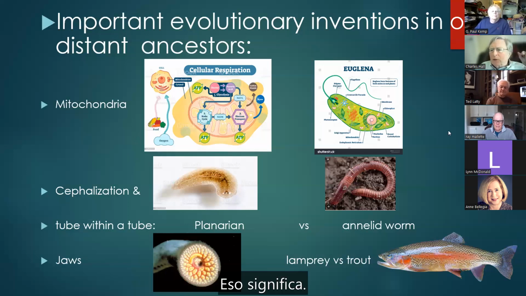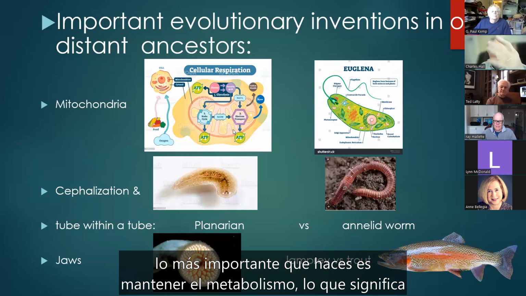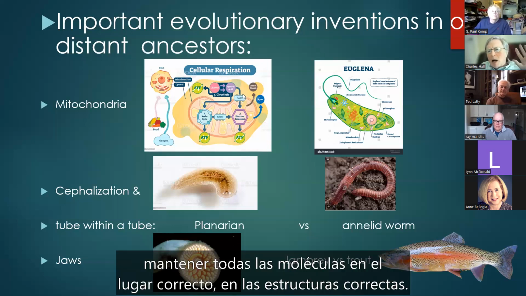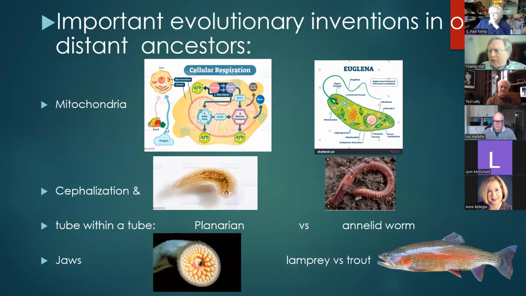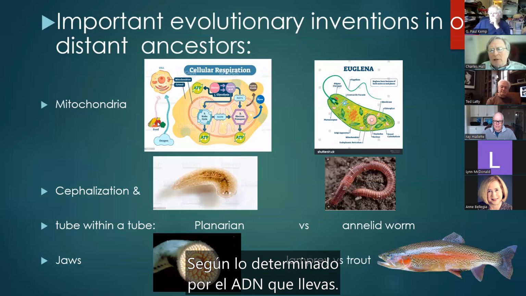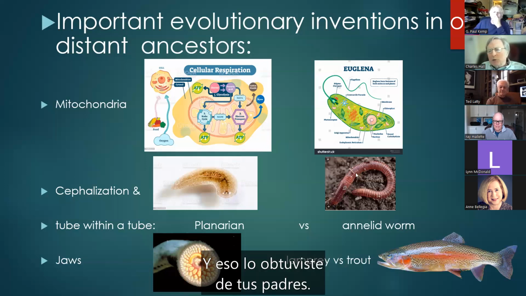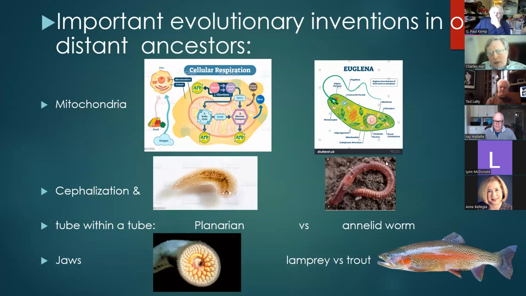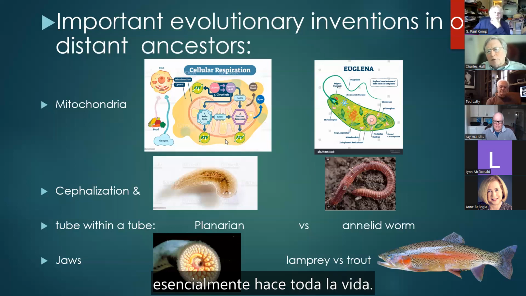That means that you can move, and the most important thing you do is maintenance metabolism, which means keeping all the molecules in the right place, in the right structures, as determined by the DNA that you carry and that you got from your parent. And this is what essentially all of life does.